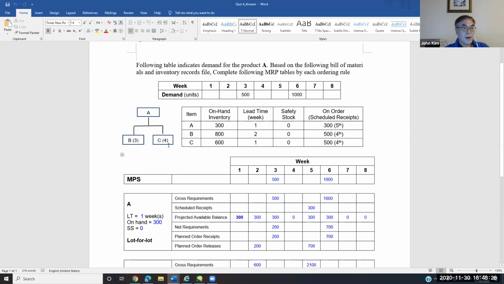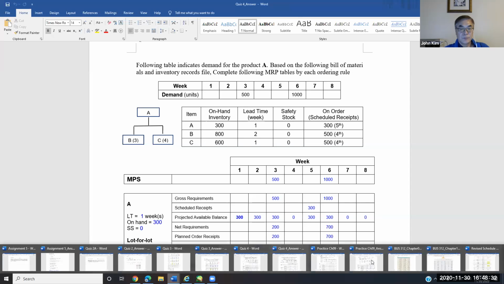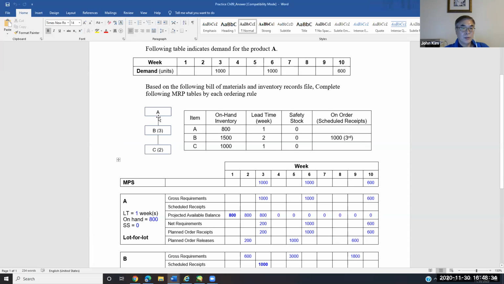So combine this type of bill of material and this type, a combination of two types. So when you determine how many requirements and when, determine very carefully. Okay.